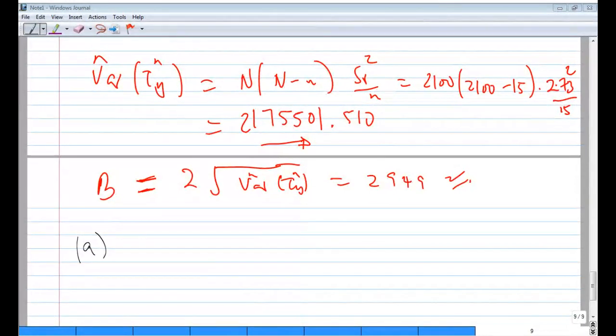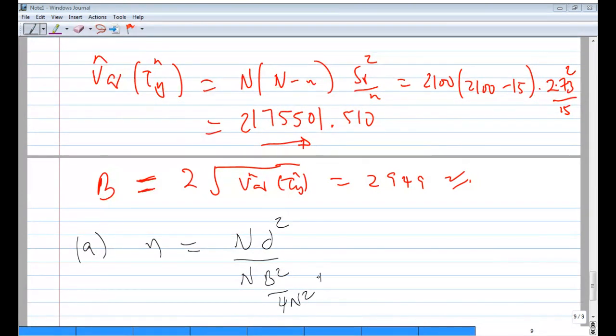The formula is n equal to N times sigma squared, because now we are dealing with the totals, so it's going to be B squared over 4N squared.